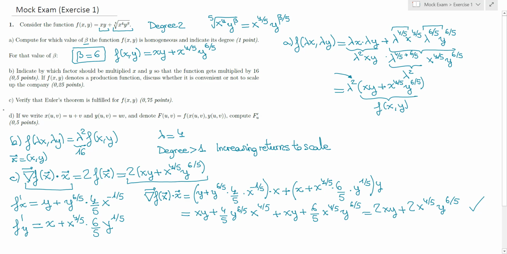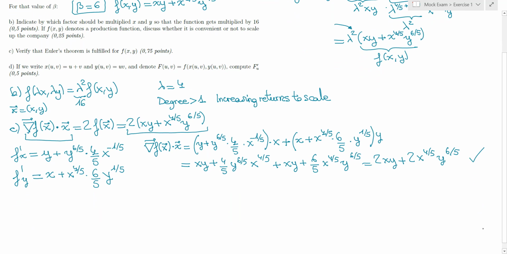And now eventually we want to write, it turns out that x and y are also functions of some other variables, u and v, and now we have to compute the partial derivative with respect to u. Sometimes we are asked to compute the partial derivatives alone, or sometimes we are asked to compute the gradient.